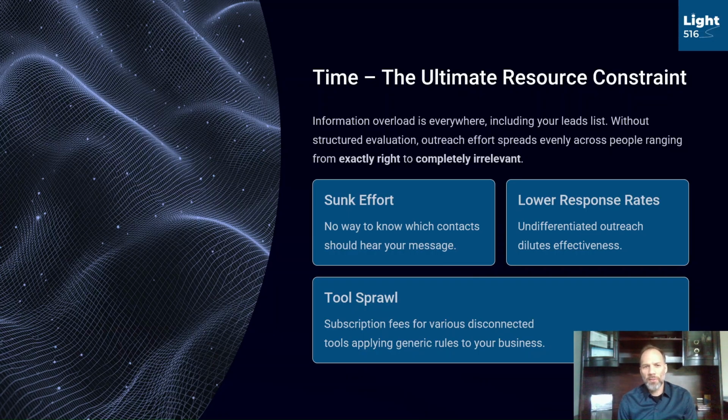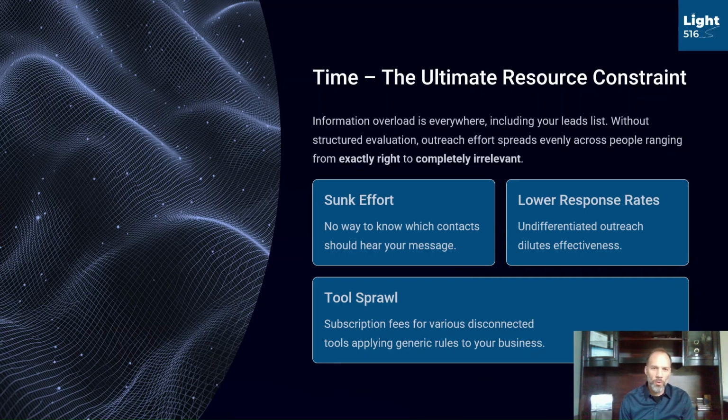We know time is our ultimate resource constraint, and we have tremendous amounts of information, and it continues to increase every day as more AI outputs hit your social media feed, your email, and you're collecting information and adding to your CRM and your CDP and all these other sources.